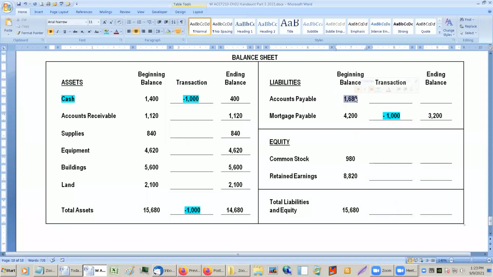And over here, this will be the same thing, minus. And again, this is the same one as up there, so this would be 14,680 also.